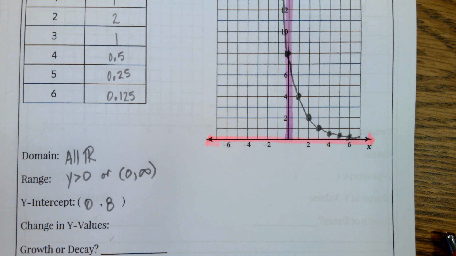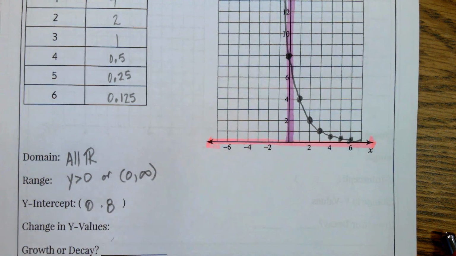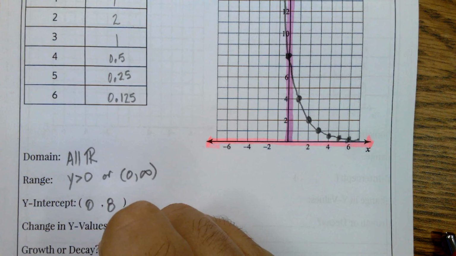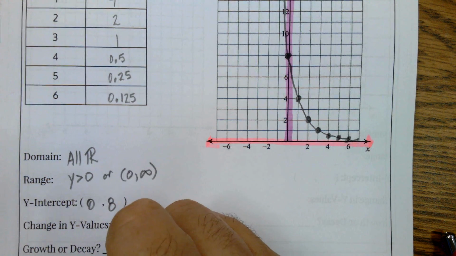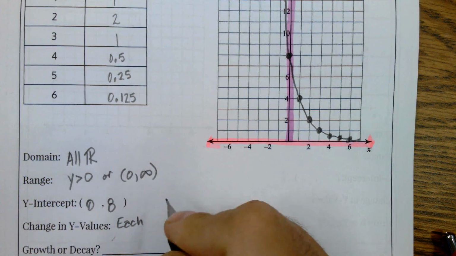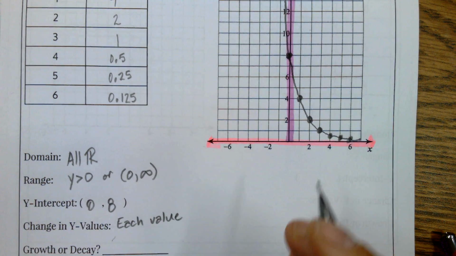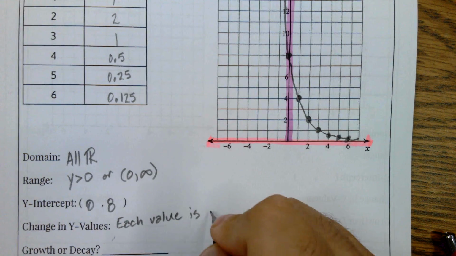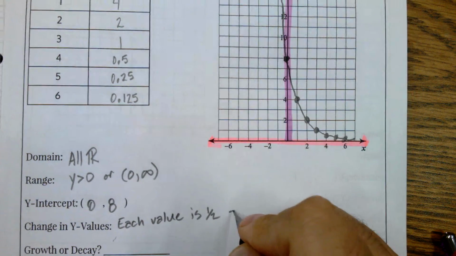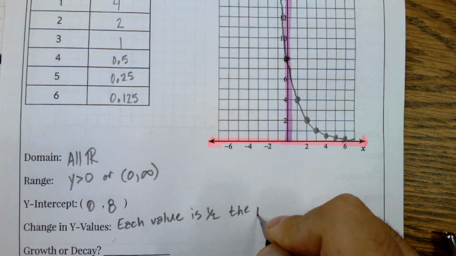Okay. Change in y values. So, yeah, 1/2. So each value is 1/2 the previous value.